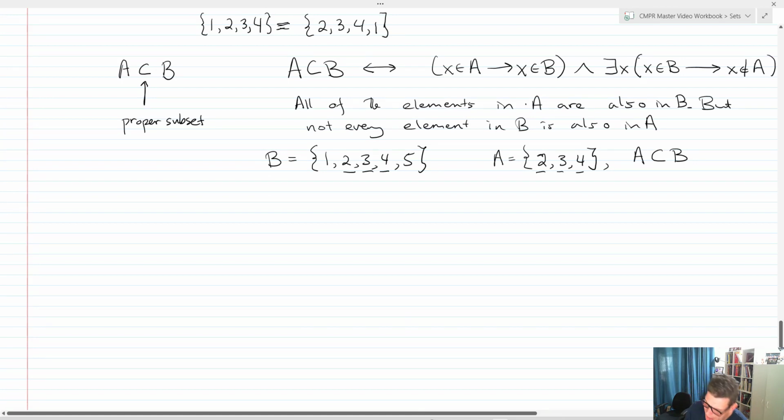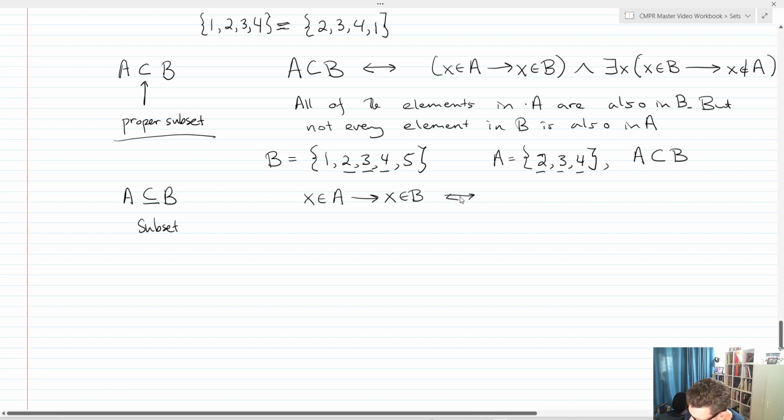The last idea we have here is called just the subset idea. A is a subset of B. So now this is just subset. And the subset one is not as strong as the proper subset. Essentially what it says is that x belongs to A implies x belongs to B. And that's it.